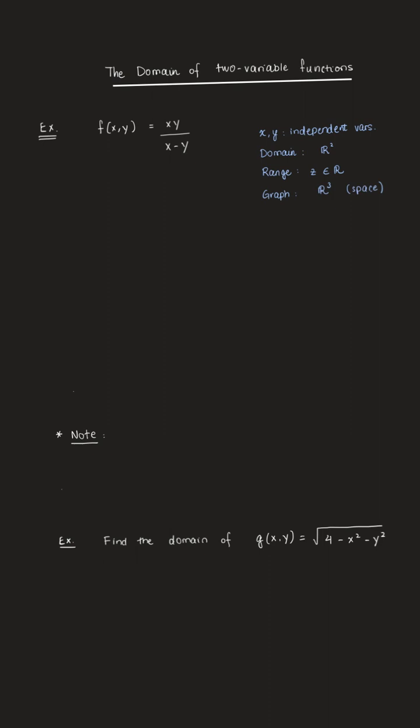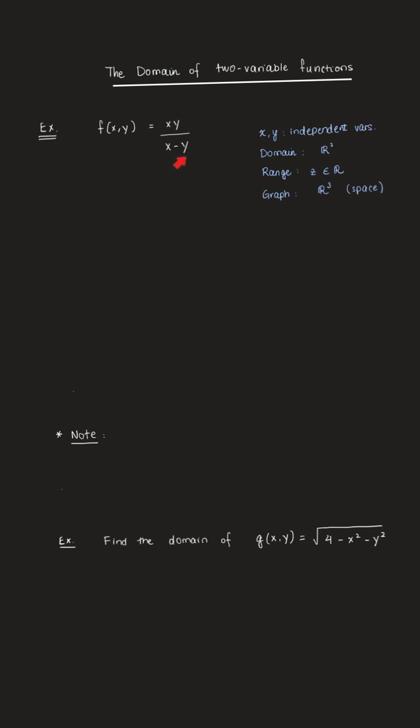So to find the domain, we've got to figure out, just like we did in functions of one variable, what values will ensure that we have real numbers as outputs. And so here we have to attend to the fact that we have an x minus y in the denominator, and we have to ensure that this can never be 0, because if that's 0, then z will be undefined.